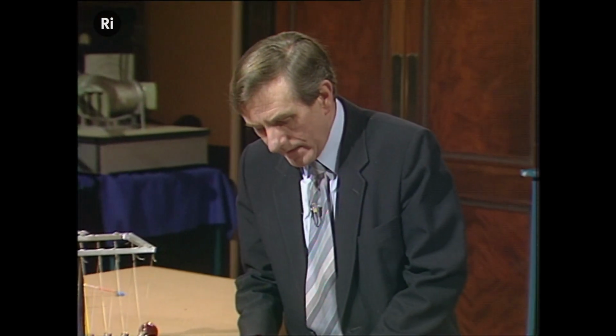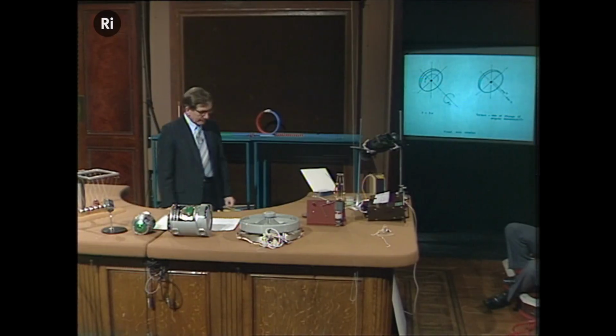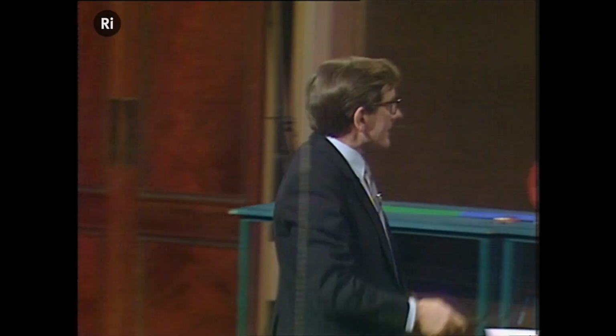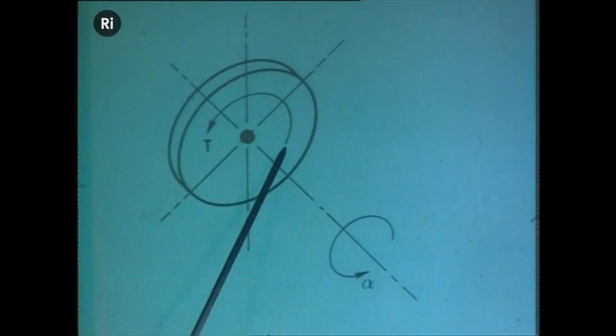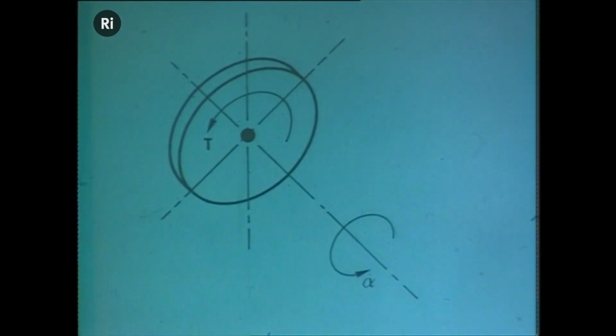So the center of mass is really rather an important point, certainly so far as angular motion of bodies is concerned, and we can show that on the slide. If you look at this side of it, then you'll see that if we have a torque, or the turning effect of a force, applied to something that can turn about an axis, it will in fact create an acceleration, call it alpha.